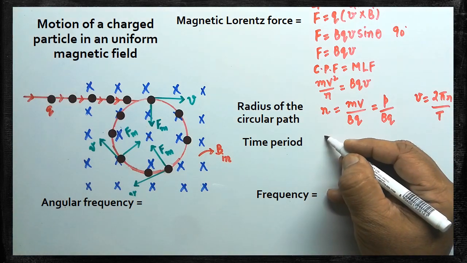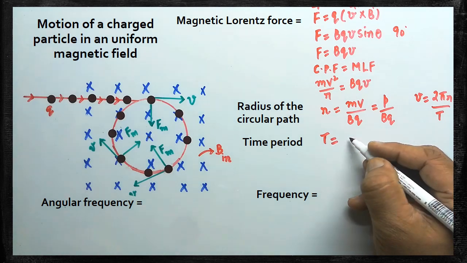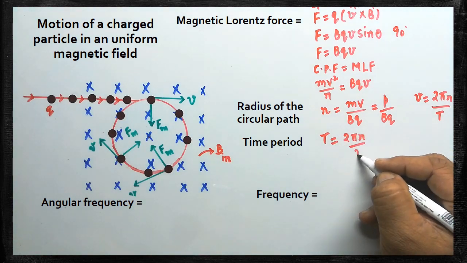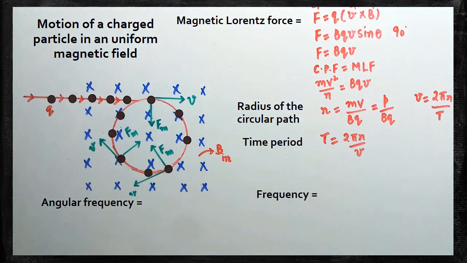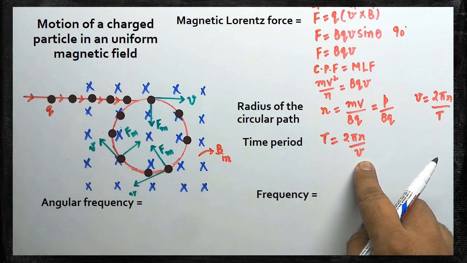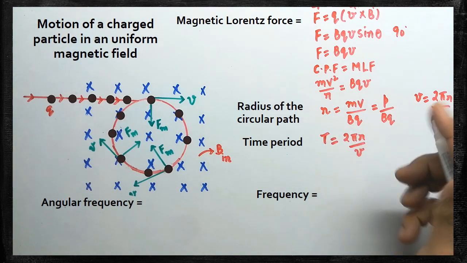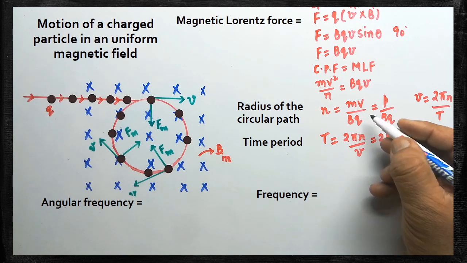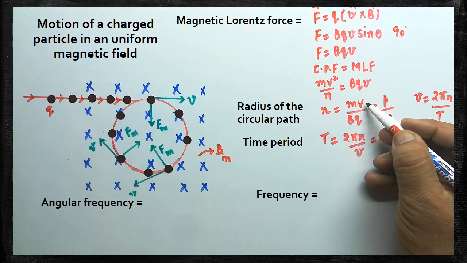Therefrom you will write the formula for time period. So T is equal to 2 pi r divided by V. Are you clear? Already r is found. Substitute the formula. So here 2 pi, here r by v is there.